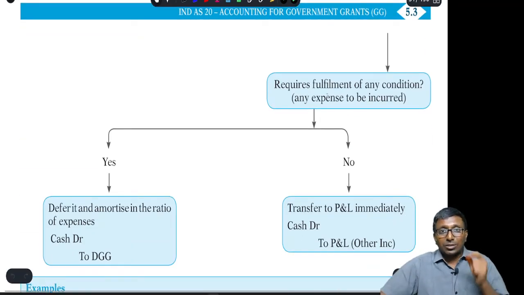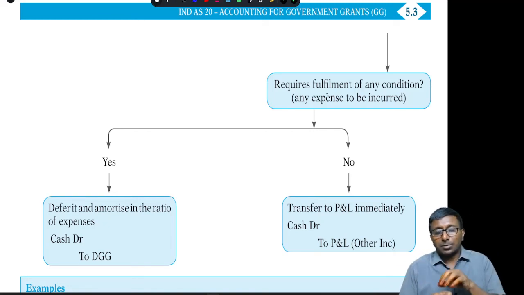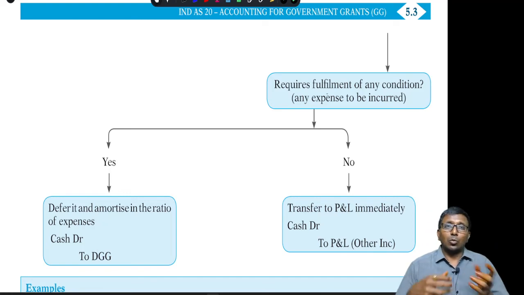Yeah, and if you have received cash which is directly related to a non-depreciable asset, first you should ask a question. The situation is like this: you bought a land, and for that the government gave you some cash. What should I do? Are there any conditions to be fulfilled?